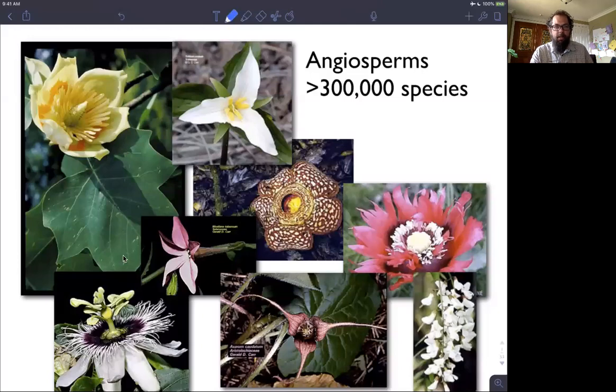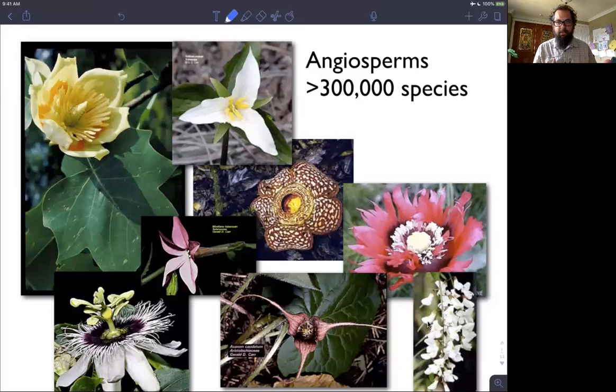You can see that in all of these examples there's a huge amount of variation, but there's actually a core set of parts that really unite these more than 300,000 species together. And those parts all really revolve around reproduction.